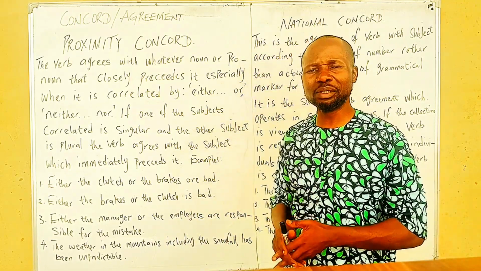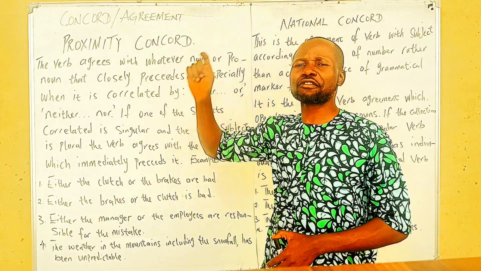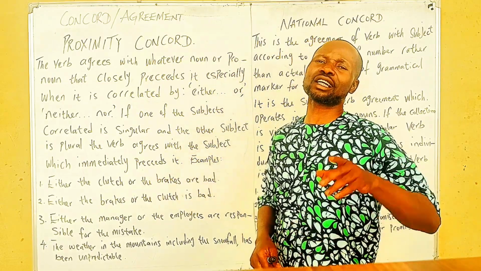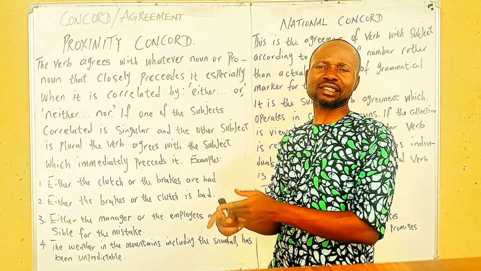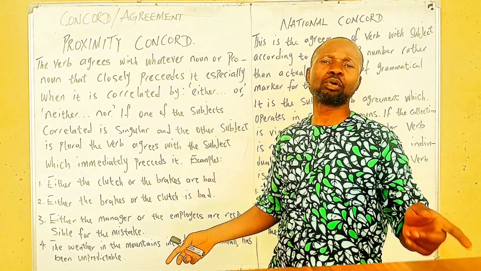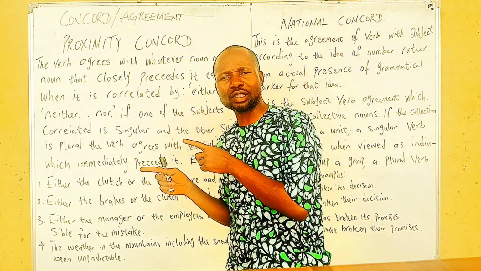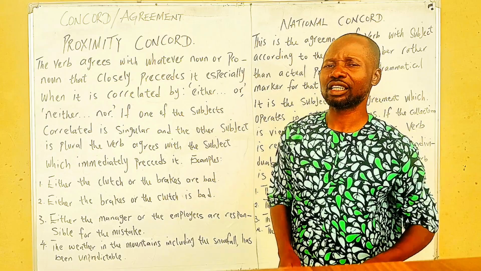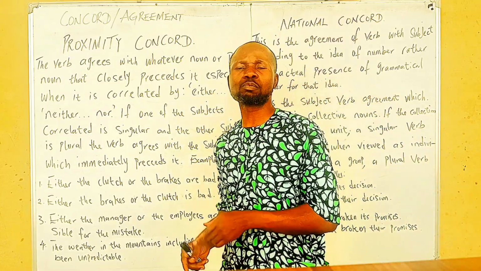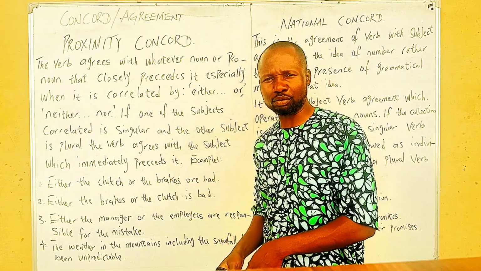So proximity means as far as the nearest verb and the nearest subject, the nearest object are singular, both will be singular. The nearest object is singular, the nearest verb will be what? Singular. The nearest object is plural, the nearest verb will be plural.